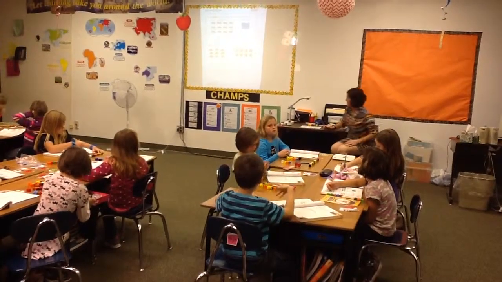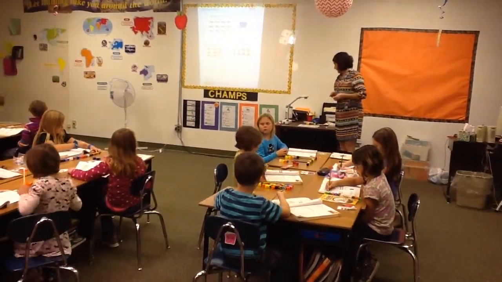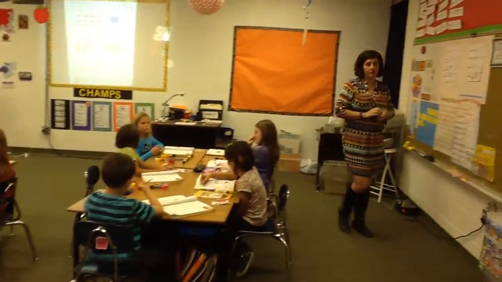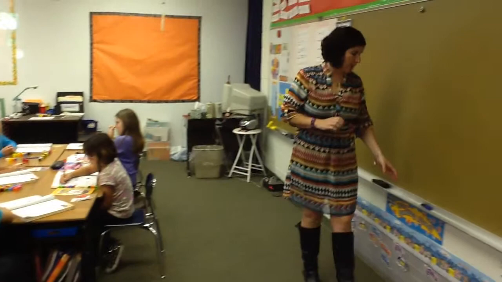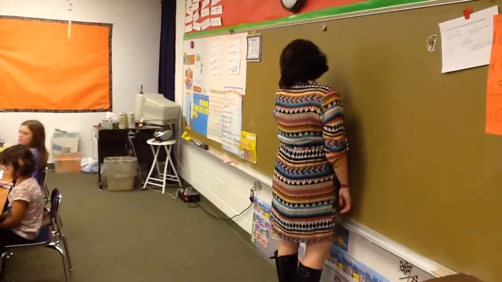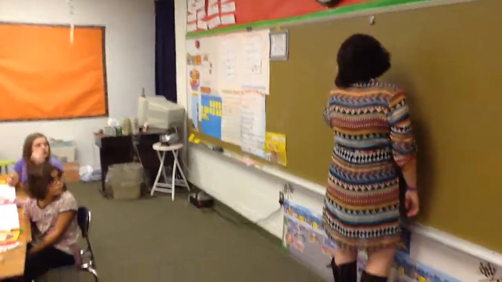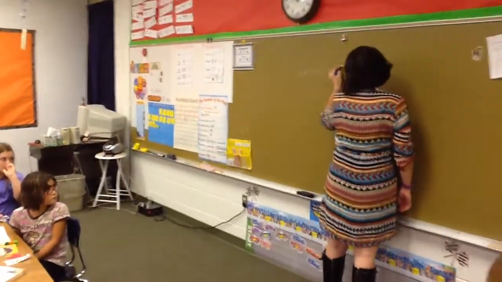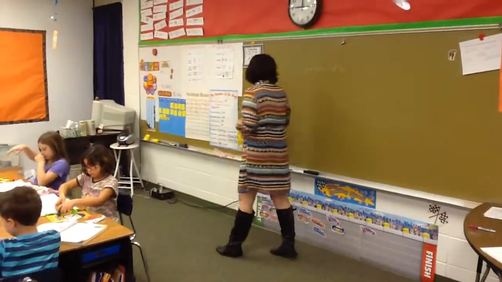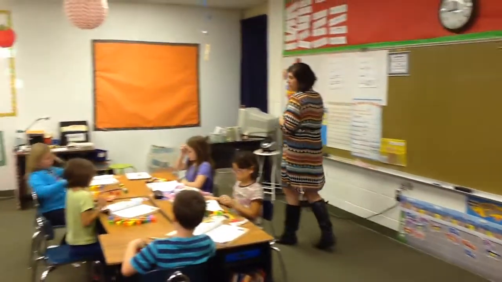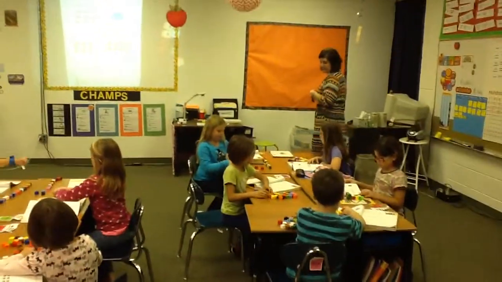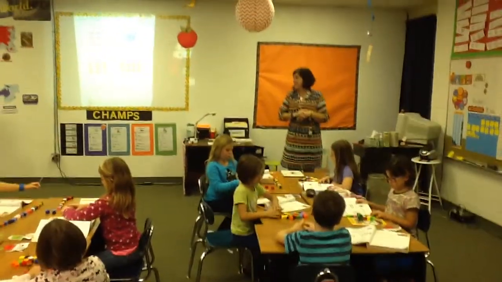Now, let's try with our blocks before we go any further real quick. I want you to make an array using 2 rows of 6. I want you to make that and then give me thumbs up when you have 2 rows of 6 using the blocks that you have. Using your math manipulatives, you're going to make 2 rows of 6.